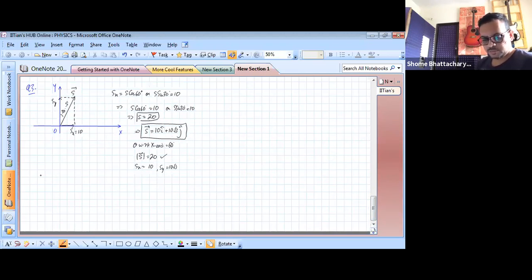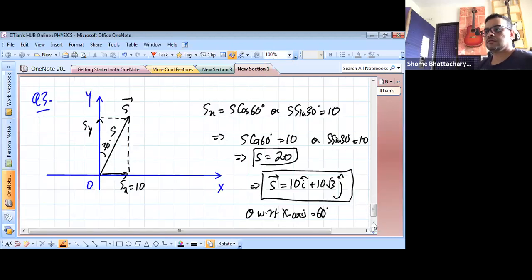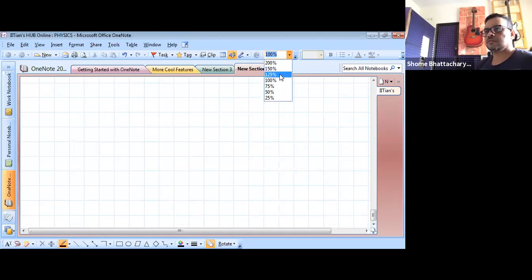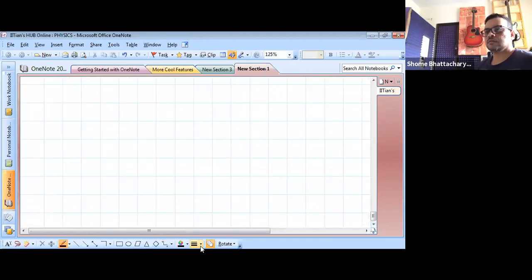Okay, now let's come to the fifth question. It is saying that the resultant of which of the following may be equal to 0.